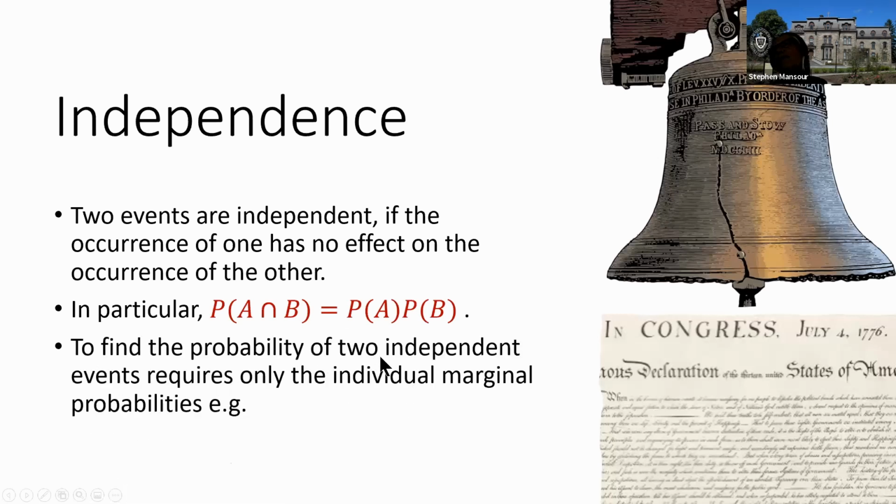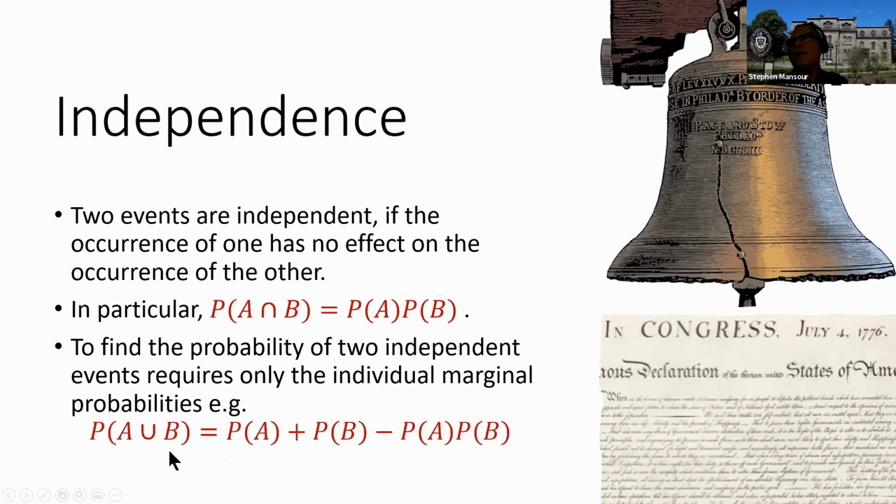To find the probability of two independent events requires only the individual marginal probabilities. So for example, the probability of A or B, if they're independent, is simply the probability of A plus the probability of B minus the probability of their product. If they're not independent, it's more complicated.